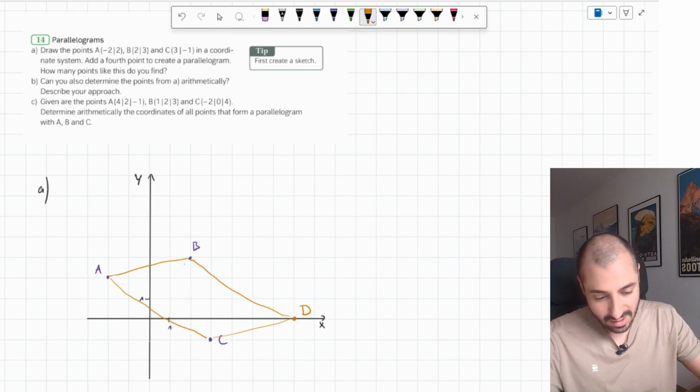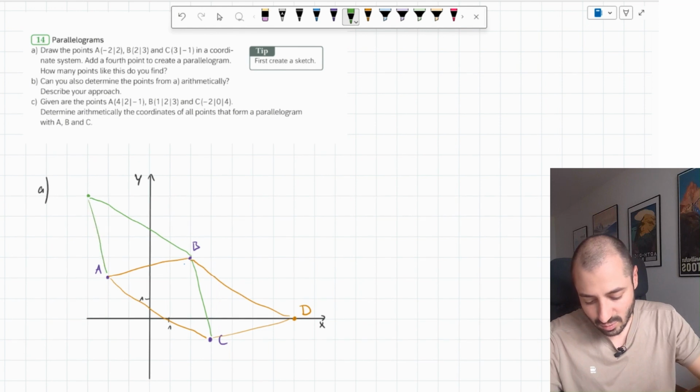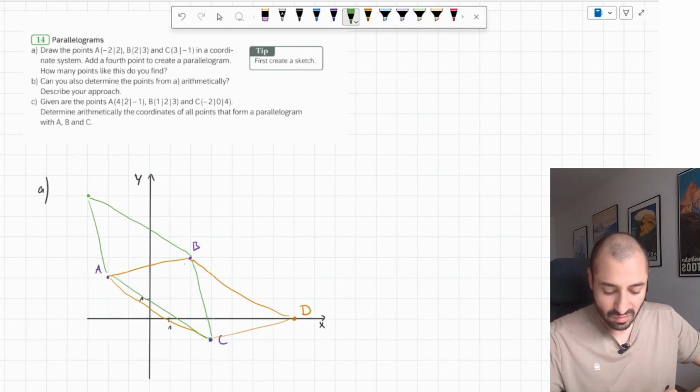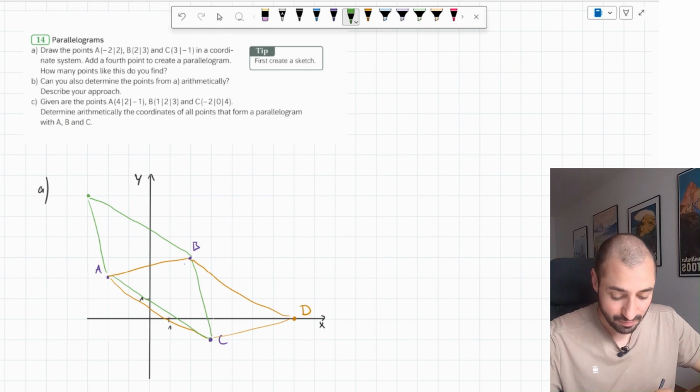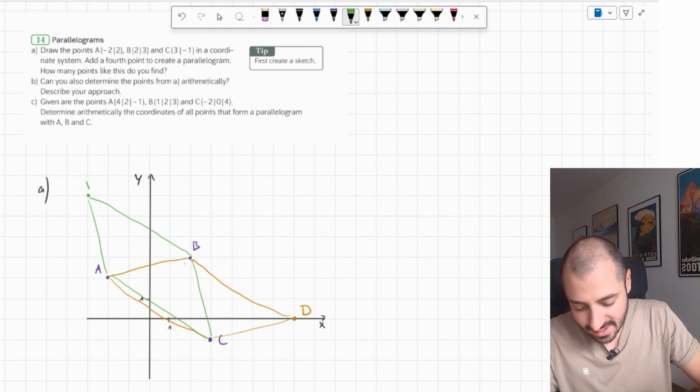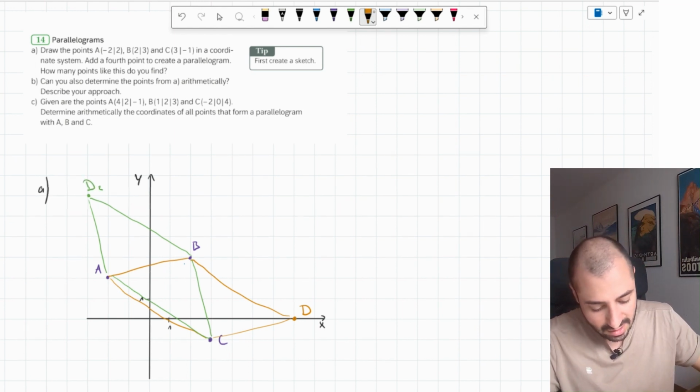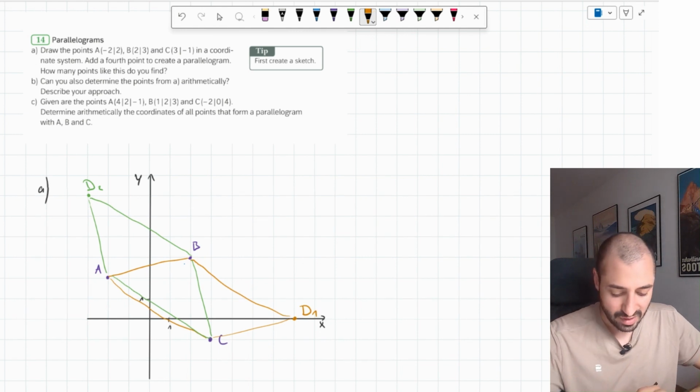So if we add a point, let's do this in green, up here, then this could also be a parallelogram. You just have to look at it in this way. Now we have this green parallelogram. So let's call this D2 and this over here D1.